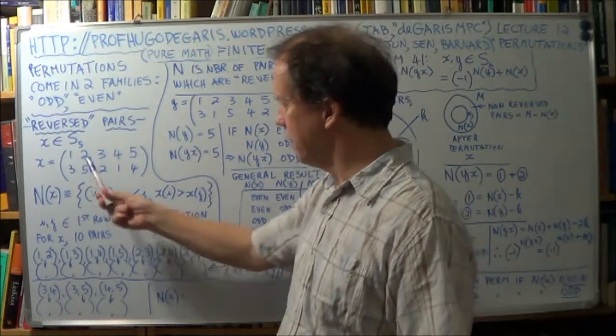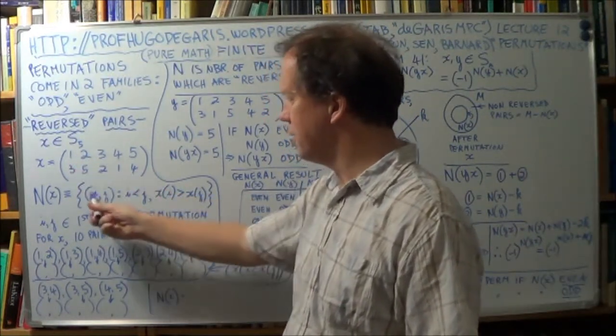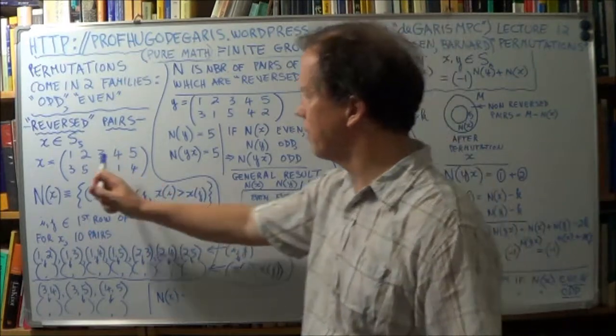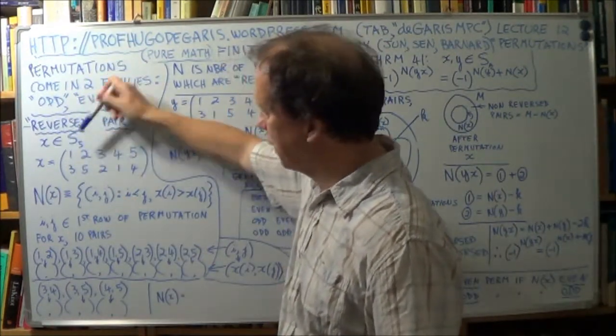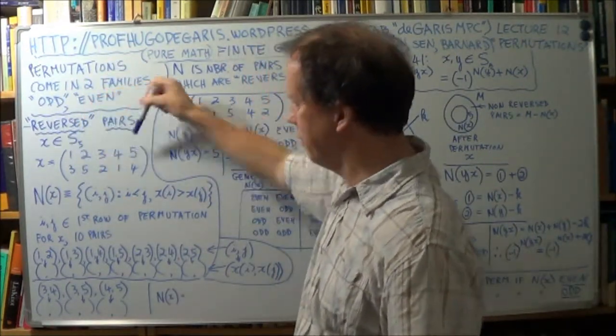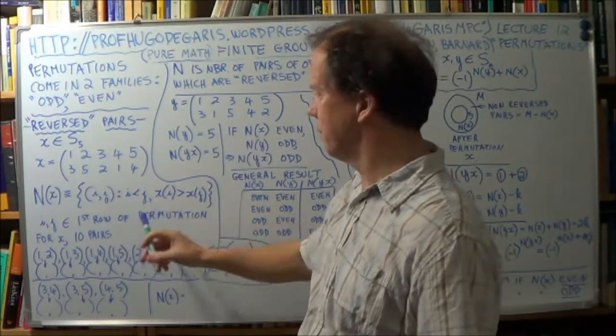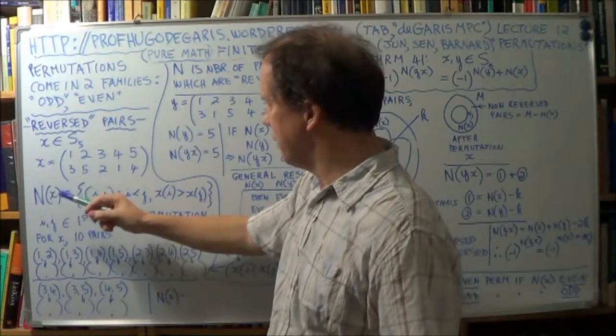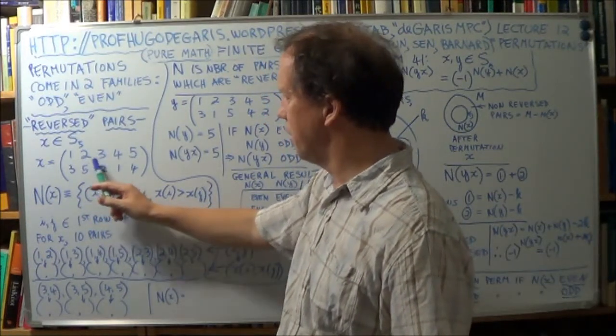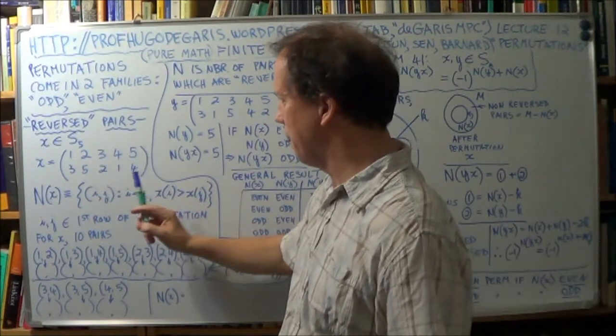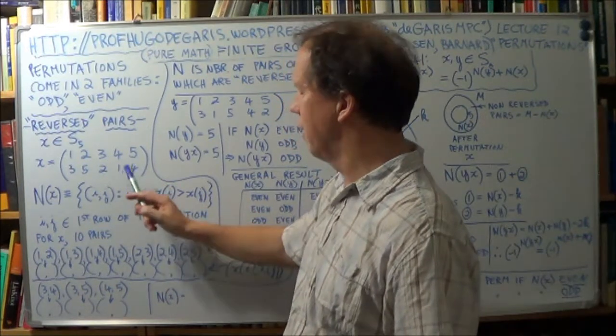So can you see that there will be 10 such pairs? For example, 1 and 2 is okay, 1 and 3, 1 and 4, 1 and 5. This is true for all those. And then 2, 3 is a pair, 2, 4, 2, 5 is a pair, and then 3, 4, 3, 5, and 4, 5.